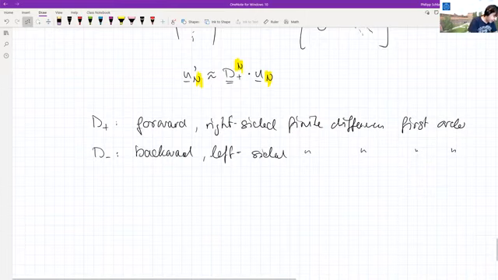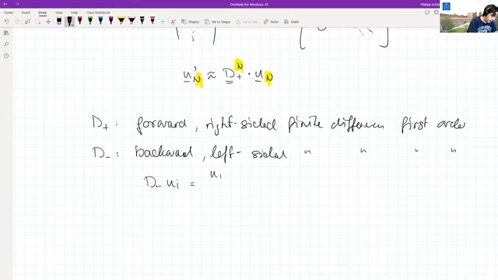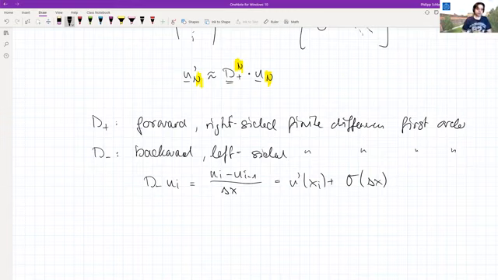And of course, for the d minus operator, d minus applied to ui would then be ui minus 1 divided by delta x, and this is u prime at xi plus an error term of first order.